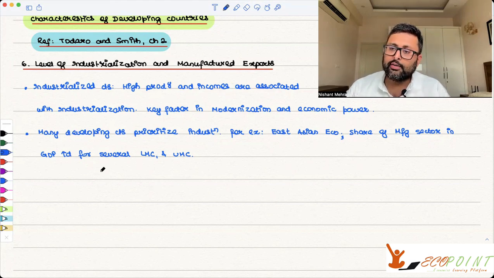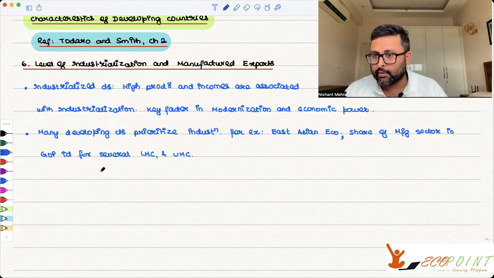Here the main activities taken up are lower skill and lower wage activities. You have to understand why the world would want manufacturing to occur in these lower income countries: because they will have to give lower wages there.